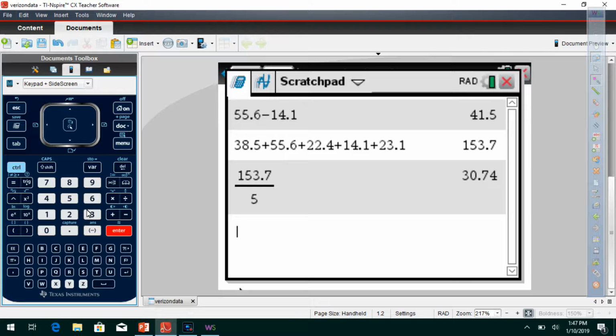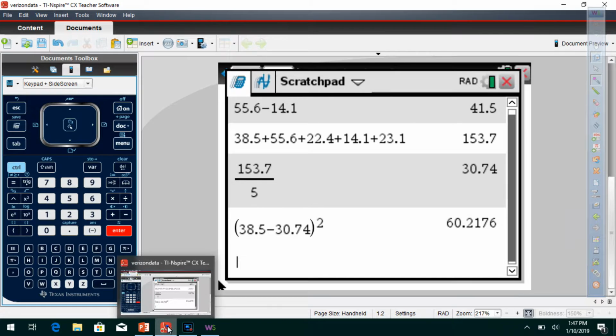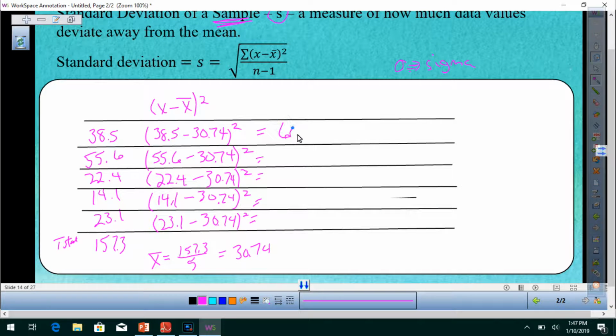Open parentheses, 38.5 minus 30.74, close parentheses squared, is 60.2176.